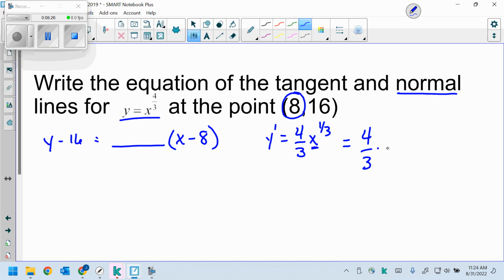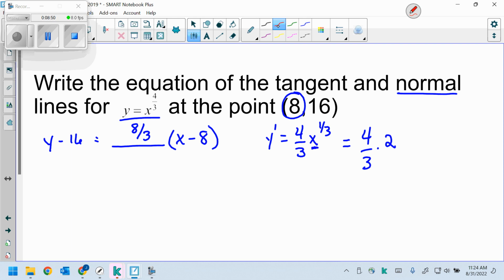Well, the cube root of 8 is 2, and so my slope is 8/3. And there's the equation of my tangent line. Point slope form is very convenient, finding the derivative and therefore the slope. Not too bad.